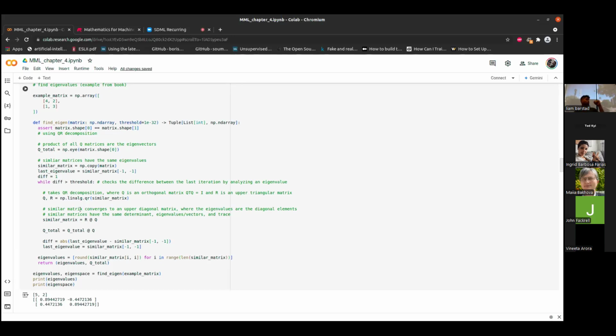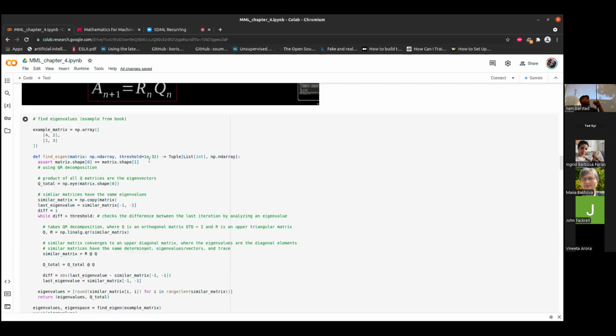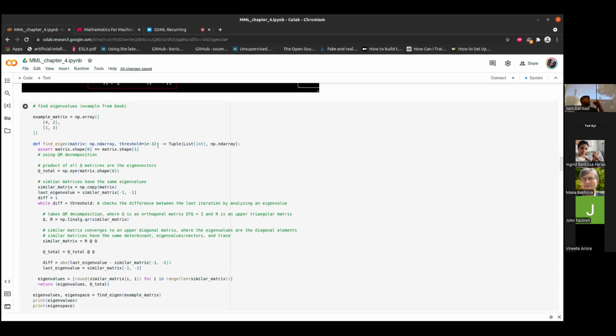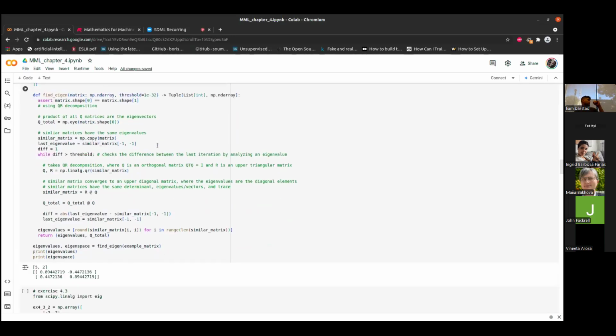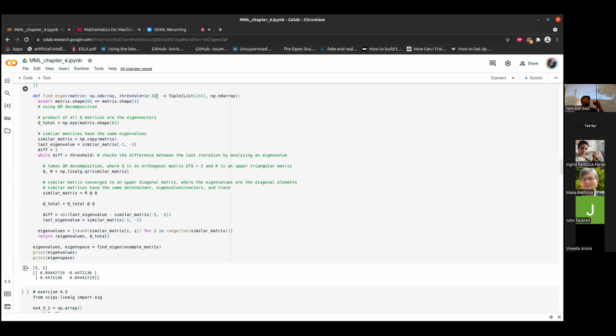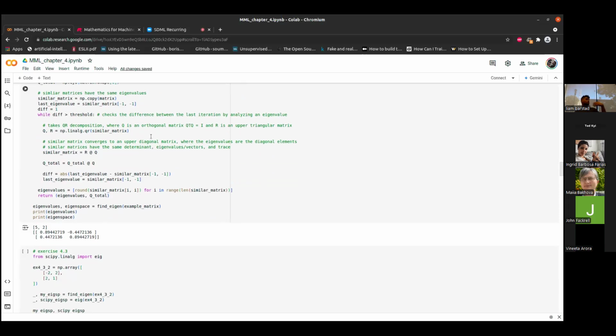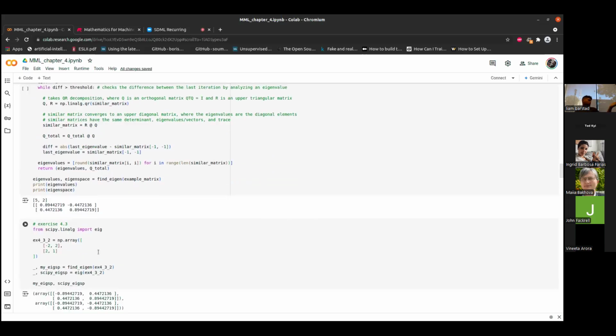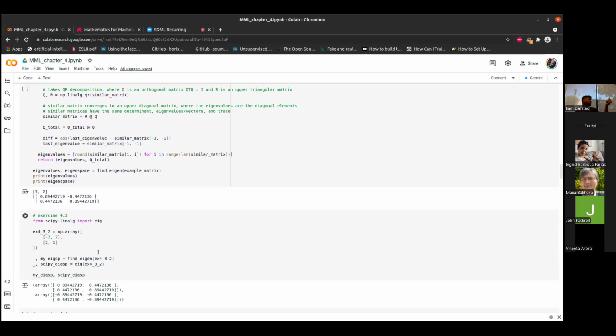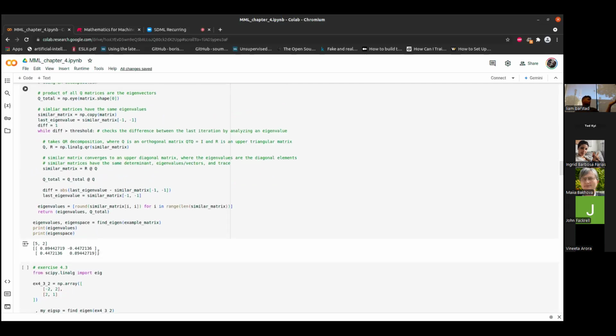This is actually what SciPy uses under the hood. The only difference is that I have to set a threshold, and there is a fancy way, named after a mathematician with a long name, of setting that threshold automatically. So in some of these exercises, I had to set the threshold myself. But I just thought that this was really interesting.